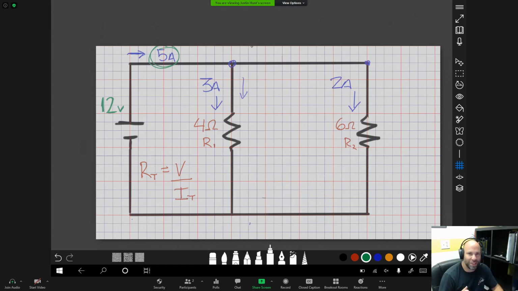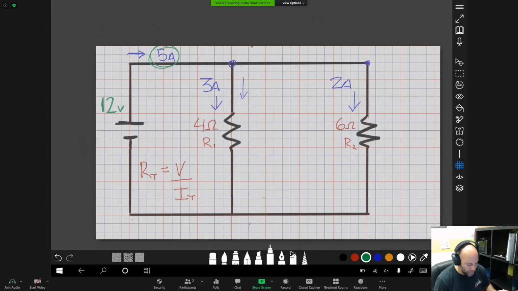Now, total resistance equal to voltage over total current sounds like a simple, straightforward way to go. It's not always the best way to go because typically we're not going to have the total current at our disposal. A more surefire way to do that is to use the traditional total resistance.